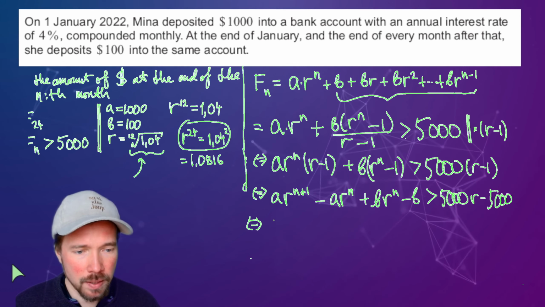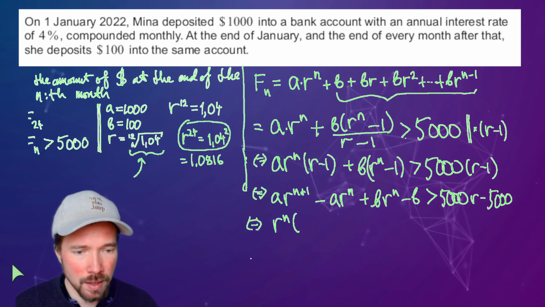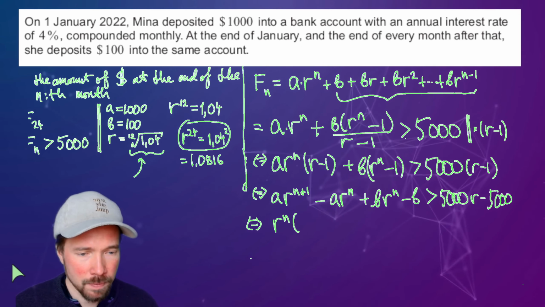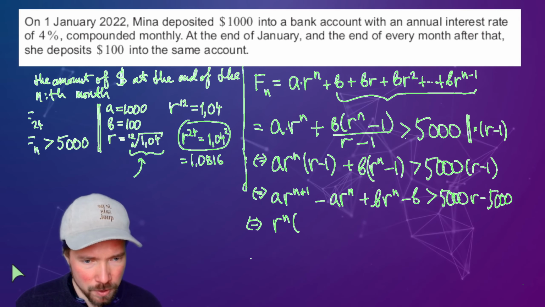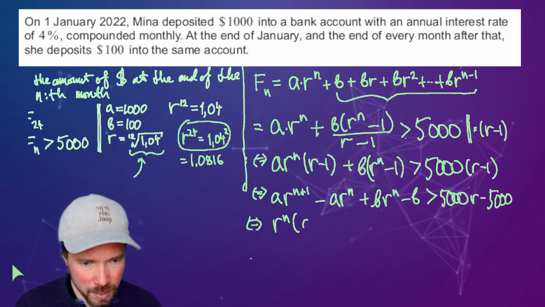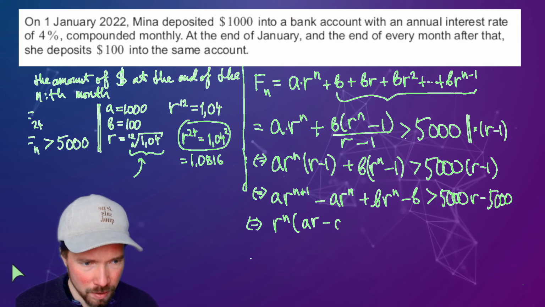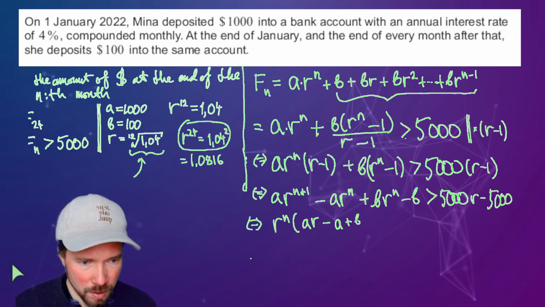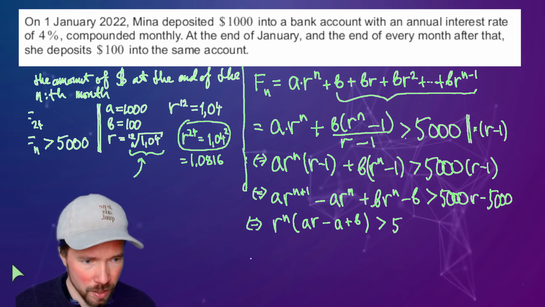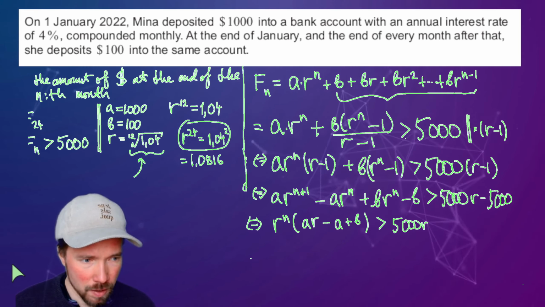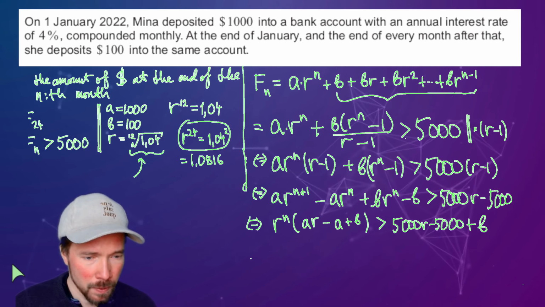We can combine these terms so that we have r to the power n times (a r minus a plus b), and then we move b to the right, so we have 5,000 r minus 5,000 plus b.